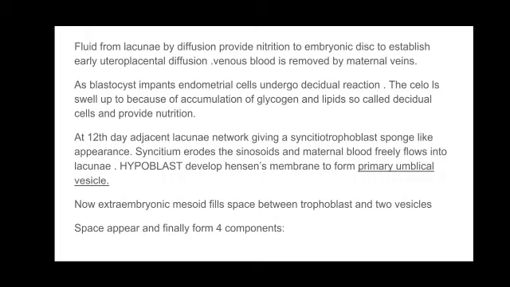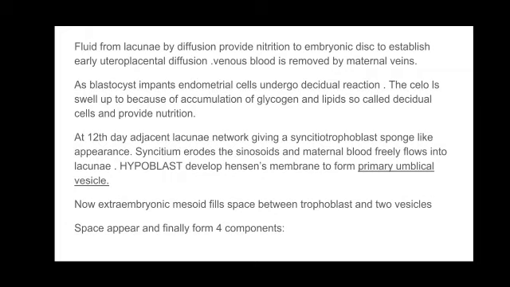This phenomenon is also known as decidual reaction, which is favorably asked in SCQs. Decidual reaction means the cells swell up because of accumulation of glycogen and lipid and become the source of nutrition for the embryonic disc.